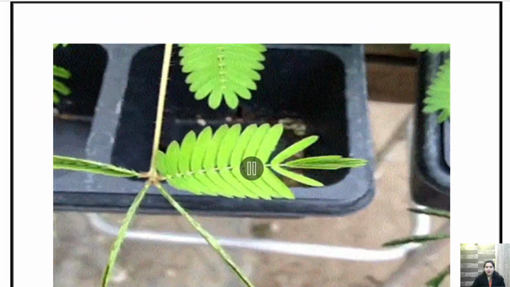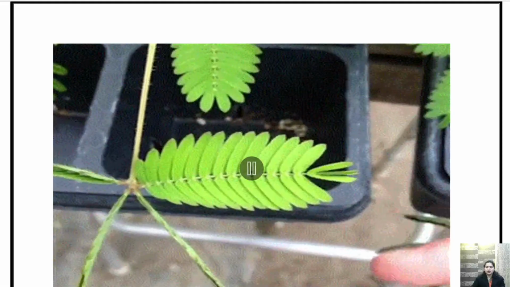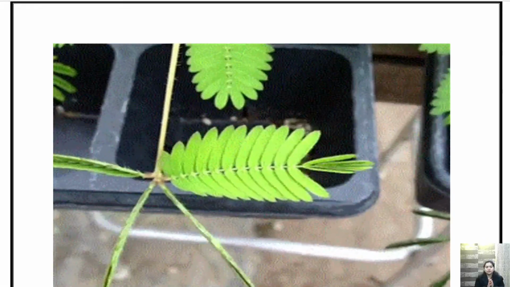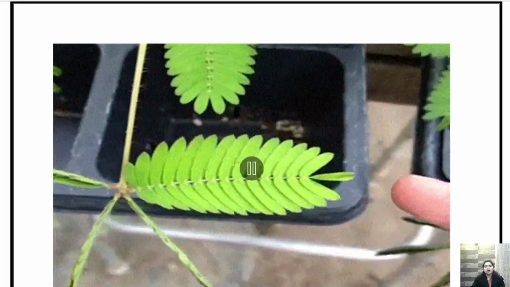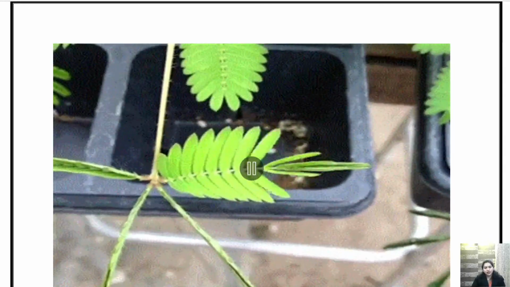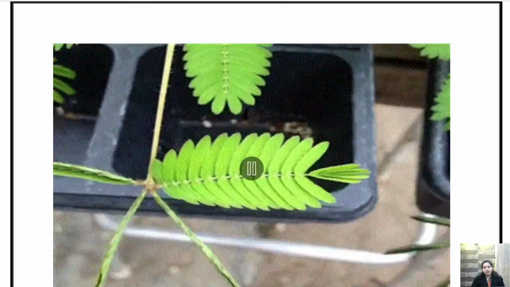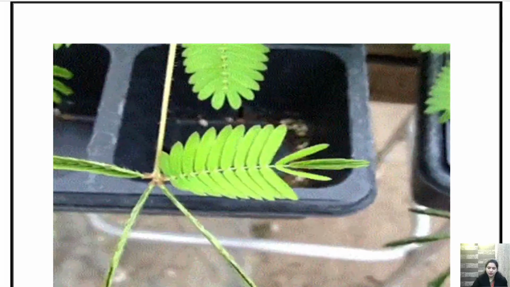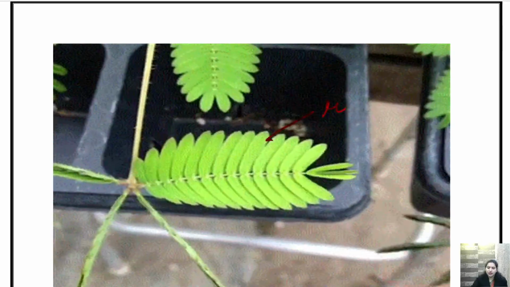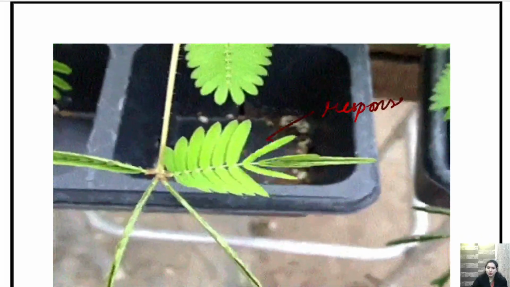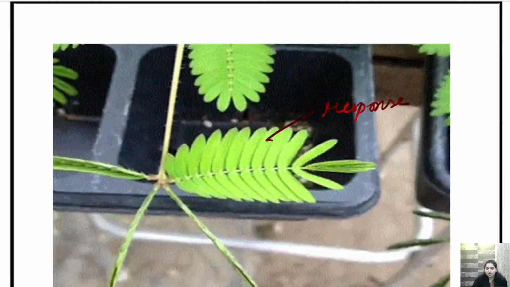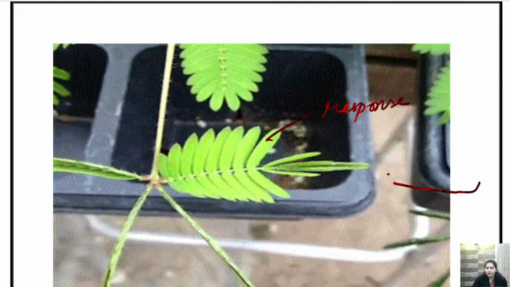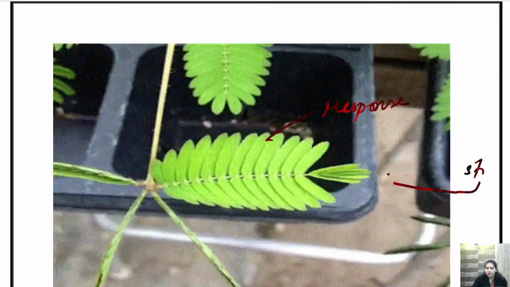See, the moment it is touched, it folds. Getting it? So this touching is stimulus and folding of this leaf is response. ये इसका response है, whereas this touching of leaf is its stimulus.